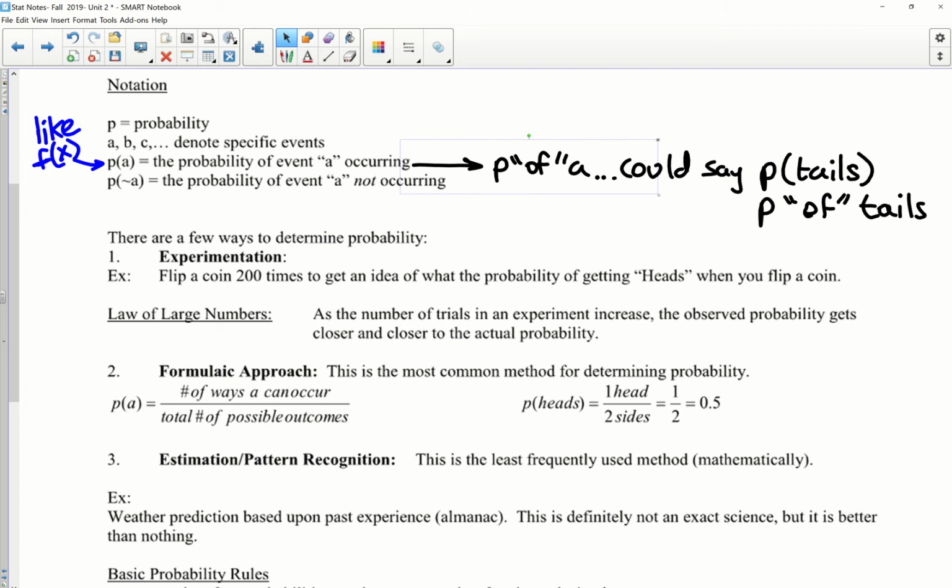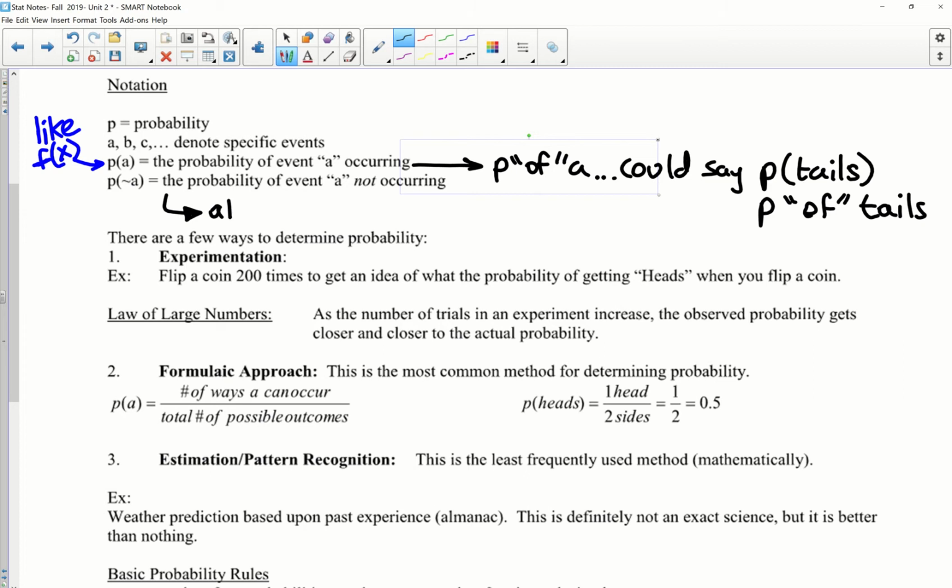Now, the little tilde in front of the A means not, so I think that's pretty straightforward. But there's another term for it, because of course there is. Why wouldn't there be? Honestly, I think the terminology is the only thing that makes probability and statistics challenging.